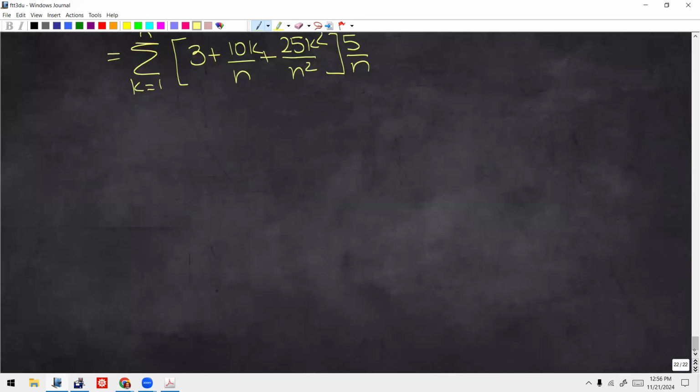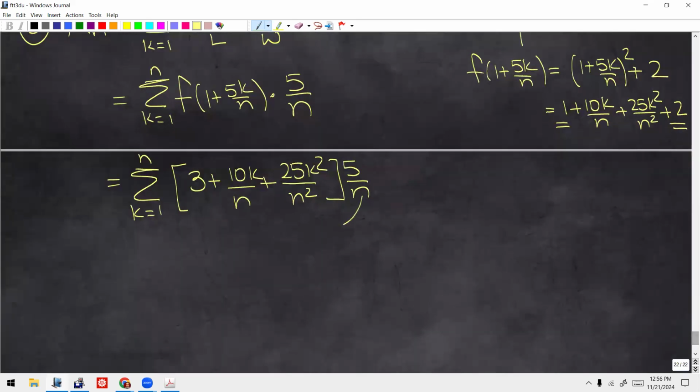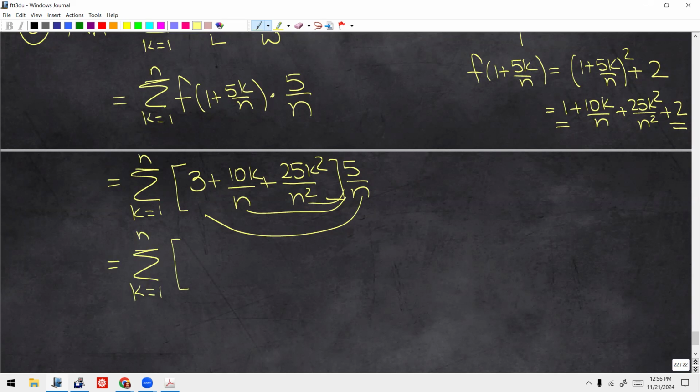Then we're going to go ahead and distribute the 5 over n. So let's do that. So we get 15 over n plus 50k over n squared plus 125k squared over n cubed.